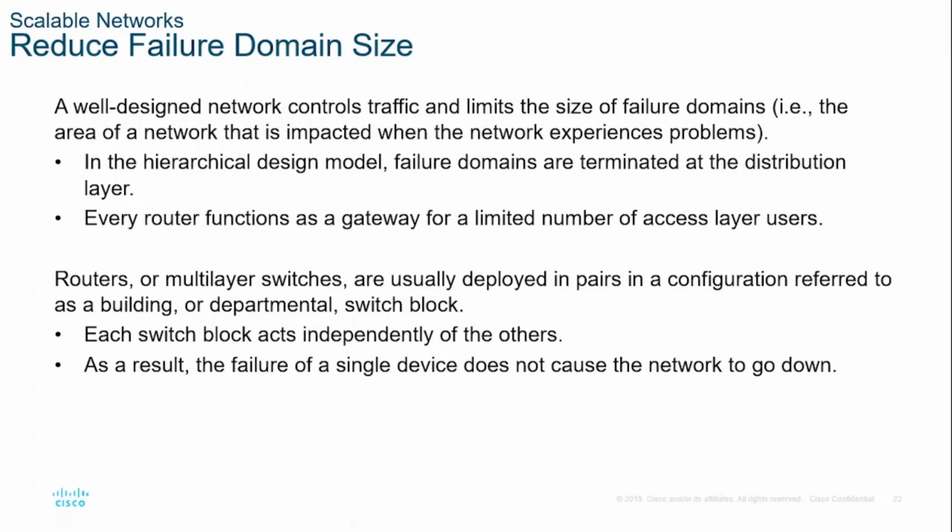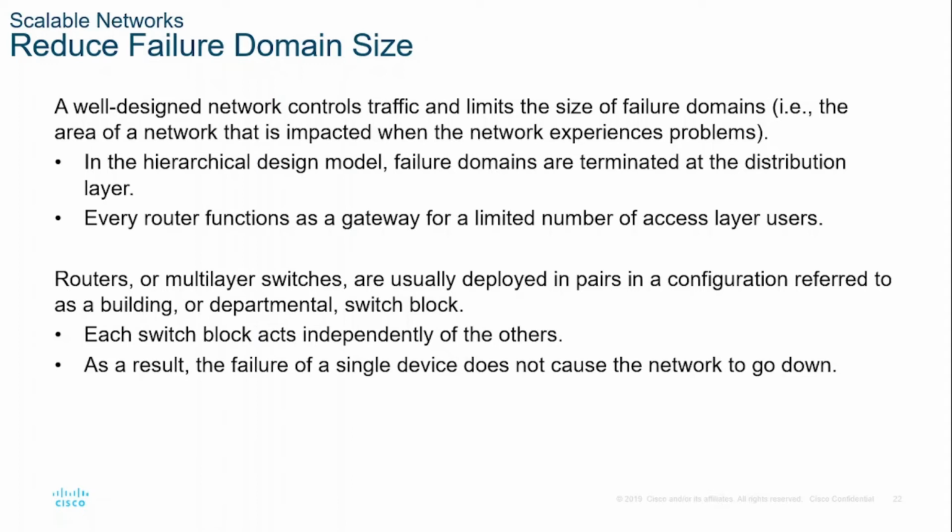The function of the device that initially fails determines the impact of the failure domain. For example, a malfunctioning switch on a network segment normally affects only the hosts on that segment. However, if the router that connects the segments to the others fails, the impact is much greater.